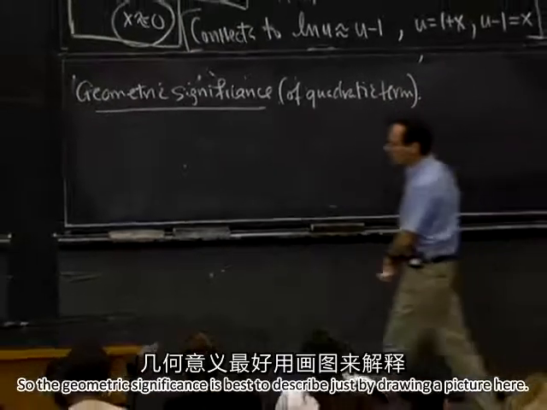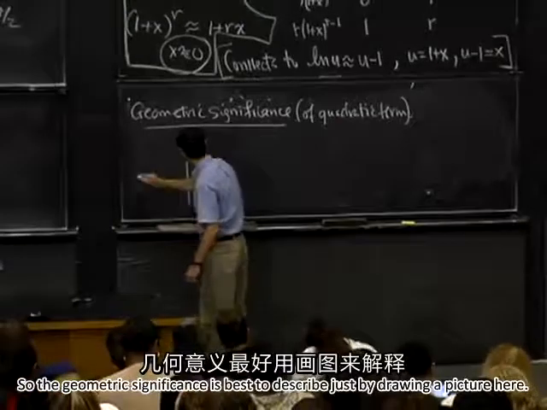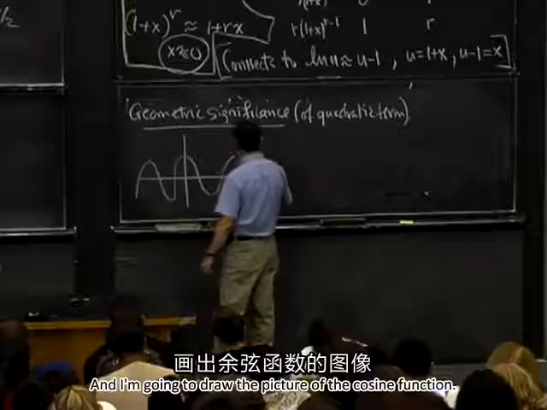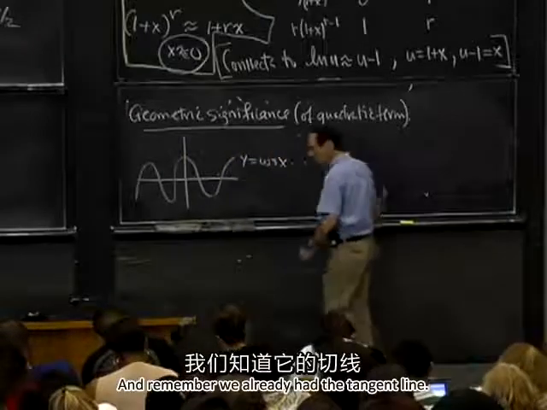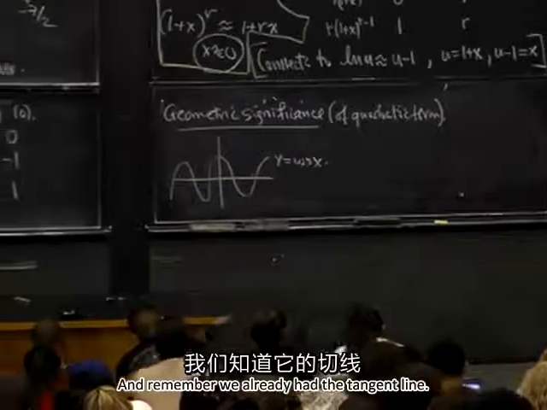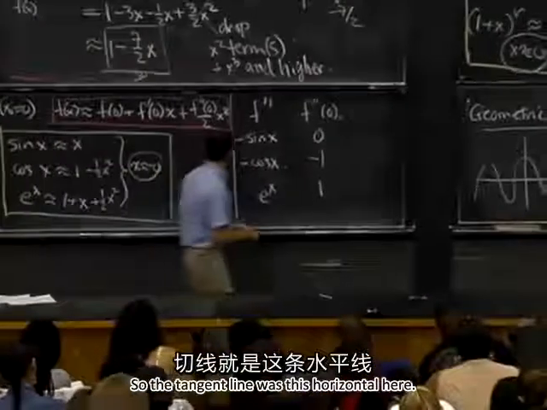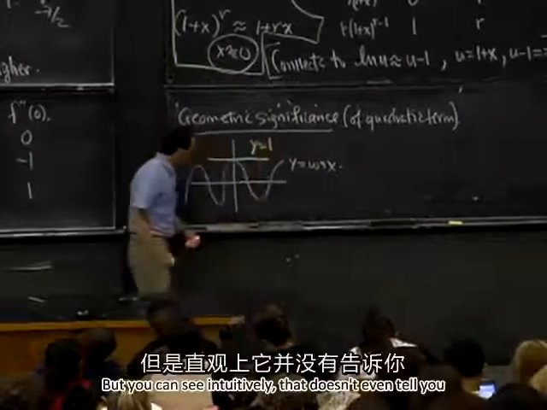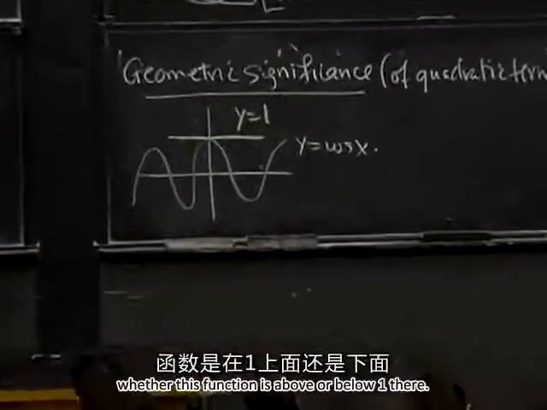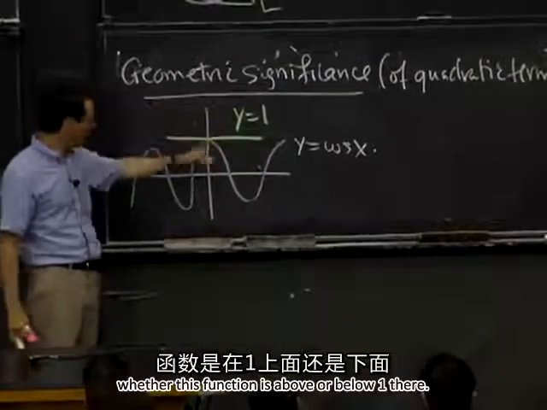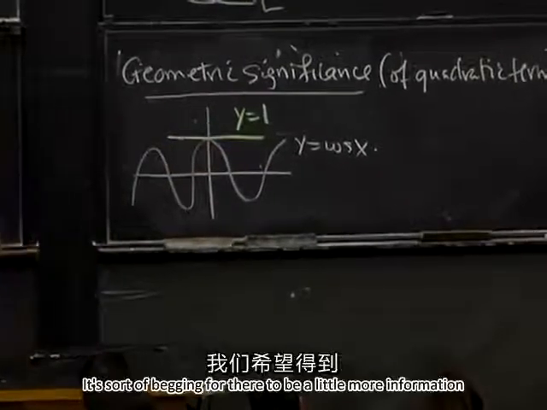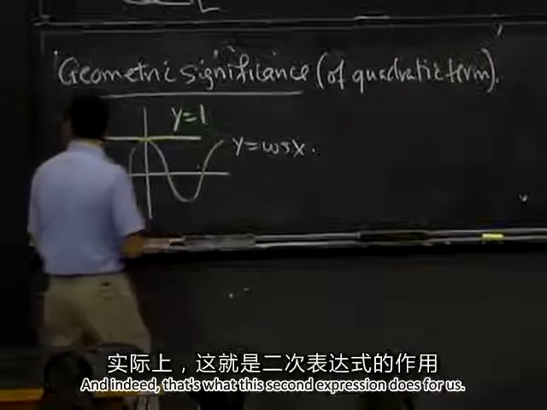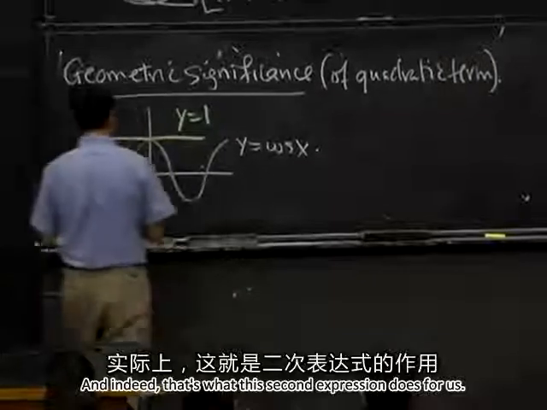So the geometric significance is best to describe just by drawing a picture here. And I'm going to draw the picture of the cosine function. And remember, we already had the tangent line. So the tangent line was this horizontal here. All right, and that was y equals 1. But you can see intuitively, that doesn't even tell you whether this function is above or below 1 there. It doesn't tell you much. It's sort of begging for there to be a little more information to tell us what the function is doing nearby. And indeed, that's what this second expression does for us.